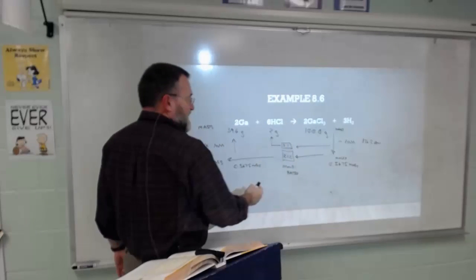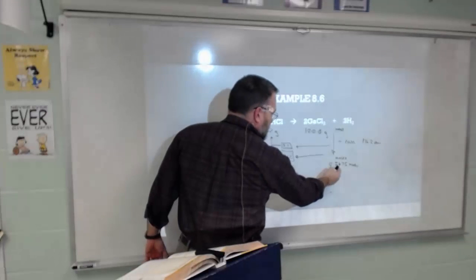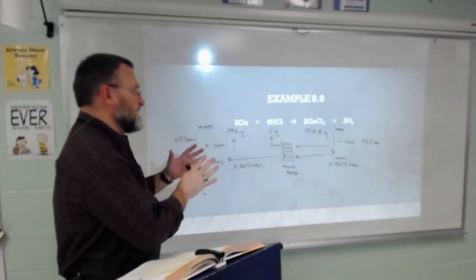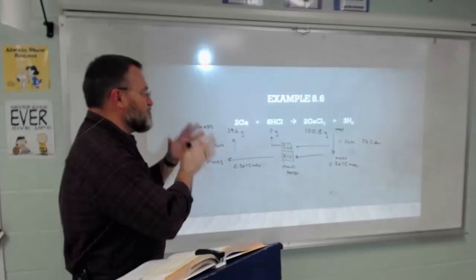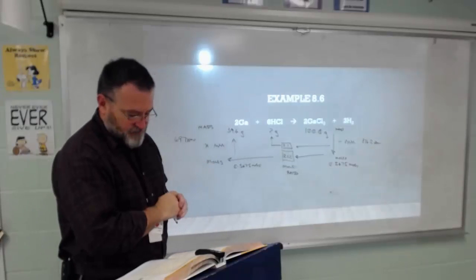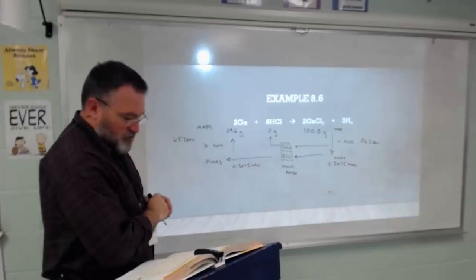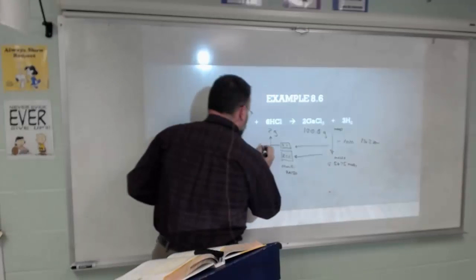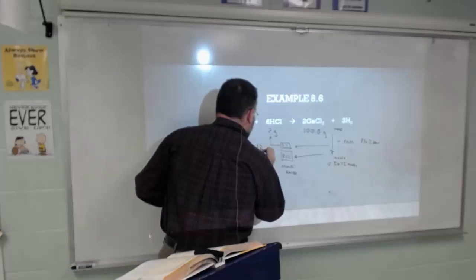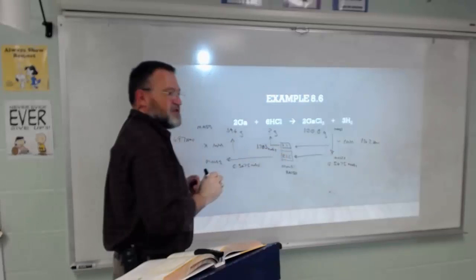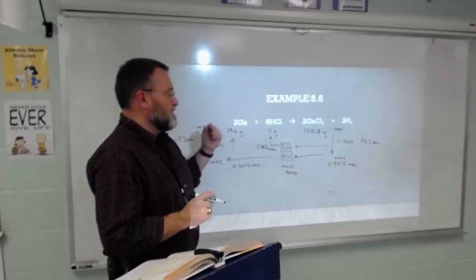I can now say that in order to produce 0.5675 moles of gallium trichloride, I need to have 3 times as much hydrochloric acid, or 1.703 moles of hydrochloric acid.